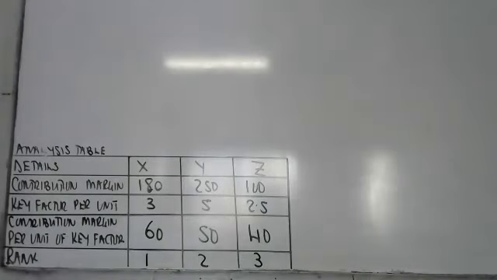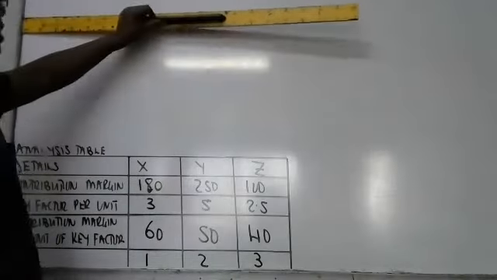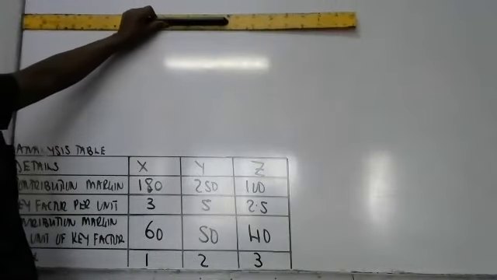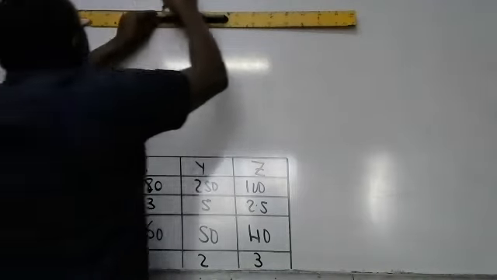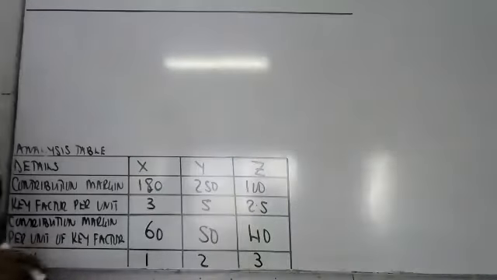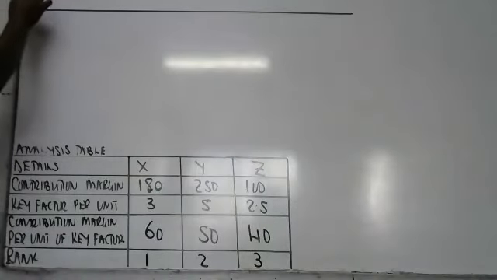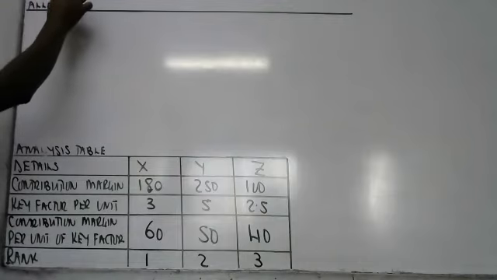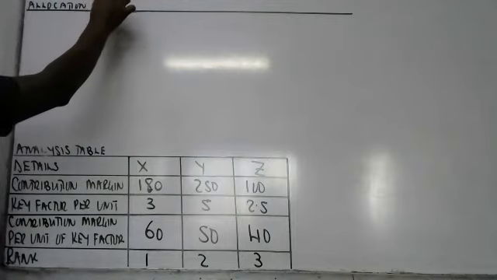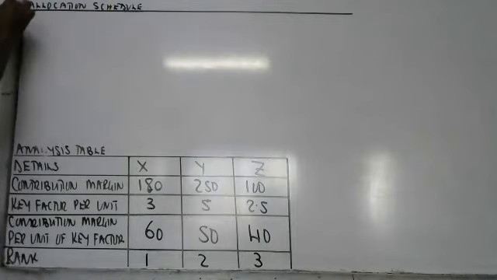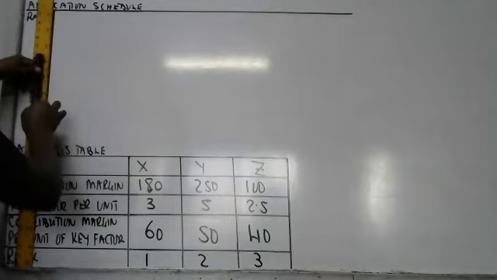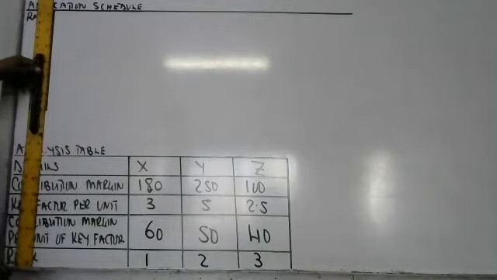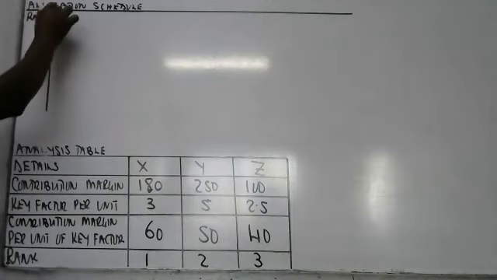So from there, let us now draw the allocation schedule. So the allocation schedule, we begin with the rank. We always begin with rank. Then we have the product.